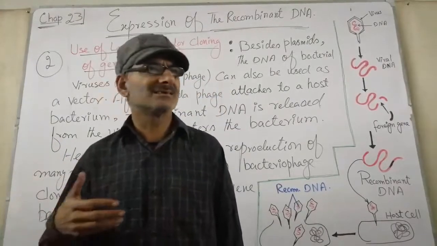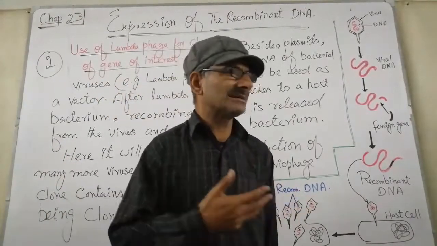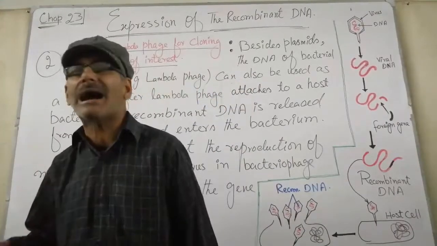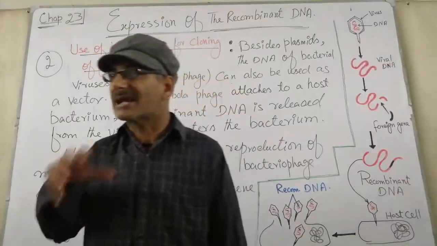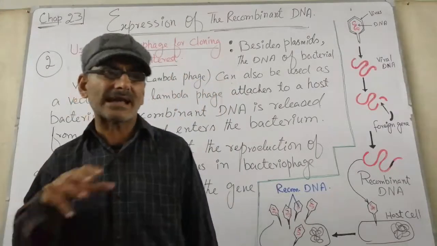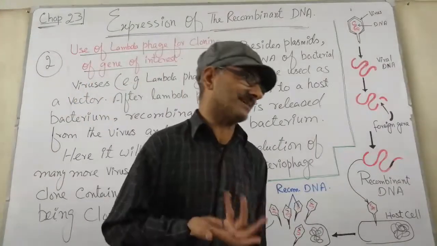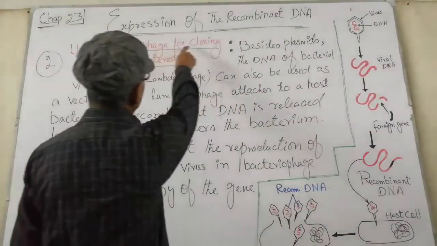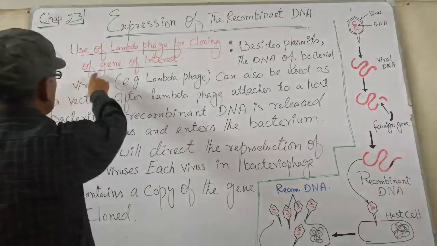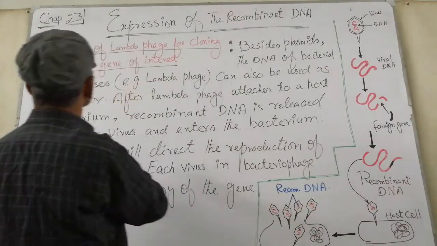Lambda-phage virus is a bacterial virus. It can attack the bacteria and inject its DNA. This DNA of lambda-phage can be used as a vector. Use of lambda-phage for cloning of gene of interest.